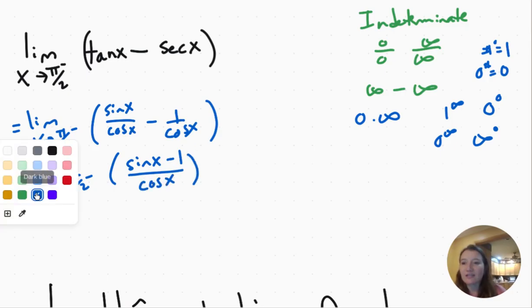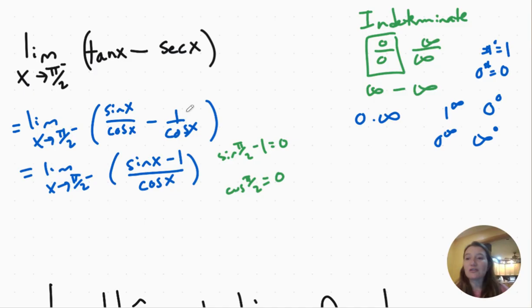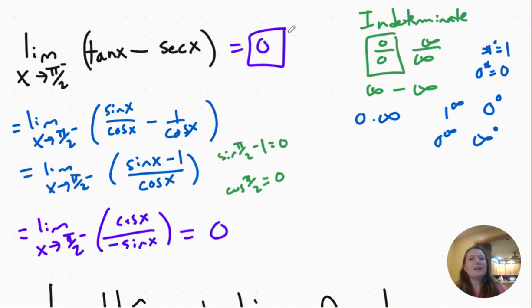Now, sine of pi halves is 1, so sine pi halves minus 1 is 0, and cosine pi halves is 0, and I get a nice succinct 0 over 0 indeterminate form that L'Hopital has shown us what to do with. Now I can just take the derivative of the top, cosine x, then the derivative of the bottom, negative sine x, and plug in, and I get 0. Notice how L'Hopital's rule didn't change.